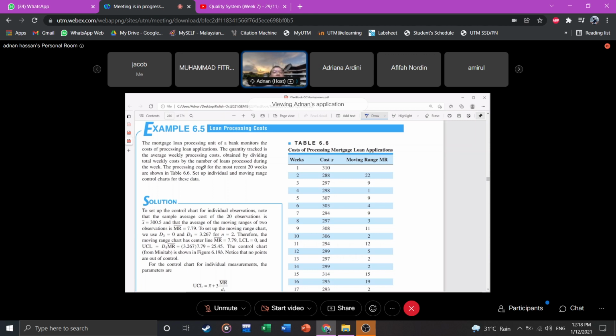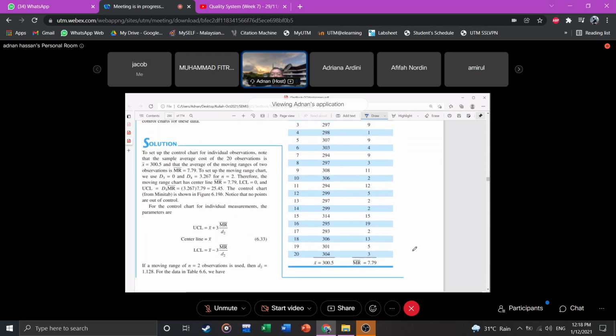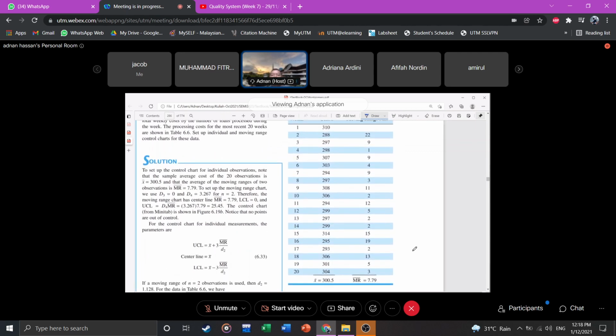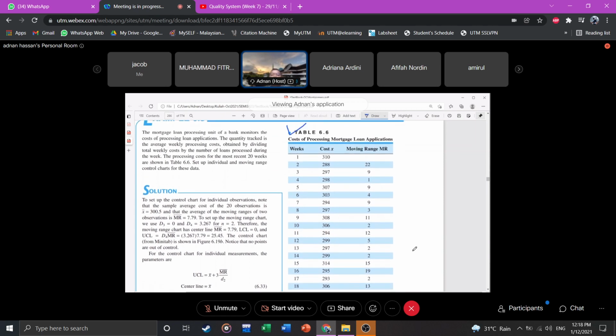The processing costs for the most recent 20 weeks are shown in Table 6.6. We have week number 1, number 2, number 3, until week number 20. So what we have now is only one number, the cost.